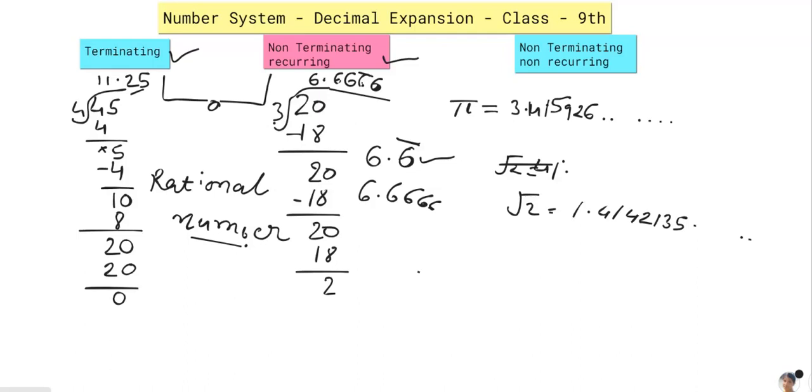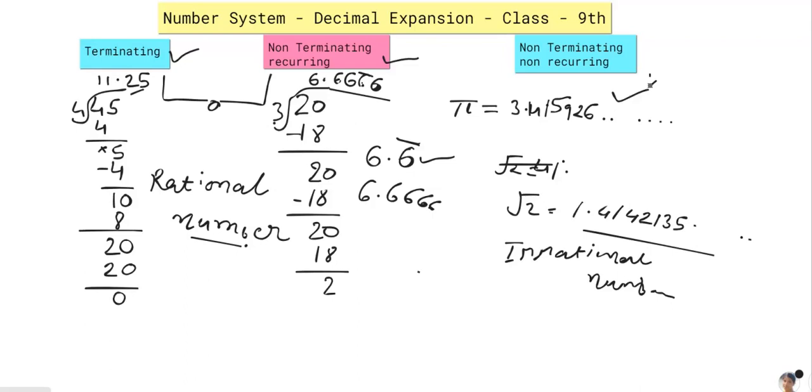So this type of decimal expansion is called non-terminating, non-recurring, and such numbers are irrational numbers. Whenever you get this type of decimal expansion, you can say this is an irrational number.